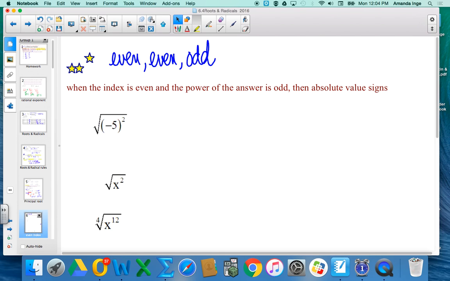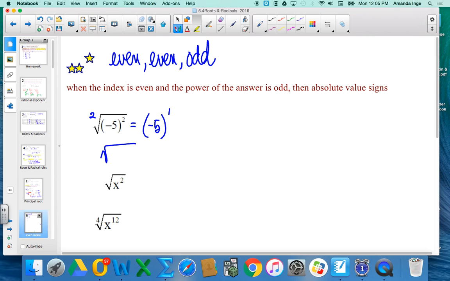We just said that we would divide the index into the exponent, and we would get our answer, right? Everybody agree with that? But that's not the answer, because that tells you the answer is -5. And that's not the answer.